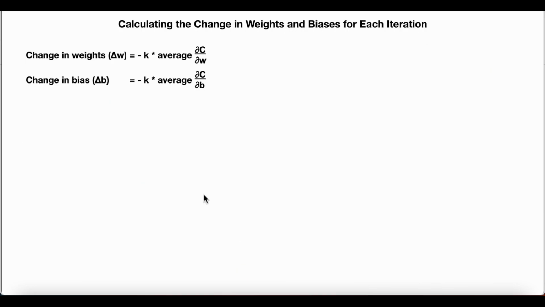These are the formulas for calculating the change in weights. If we don't get the output that we're looking for, we're going to work backwards, adjusting the weights and biases, and then run through the process again, over and over again, until we start to get an output close to what we want.